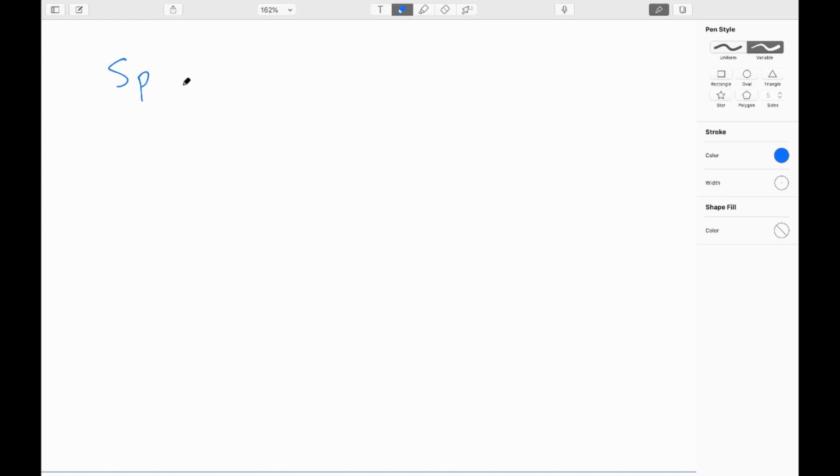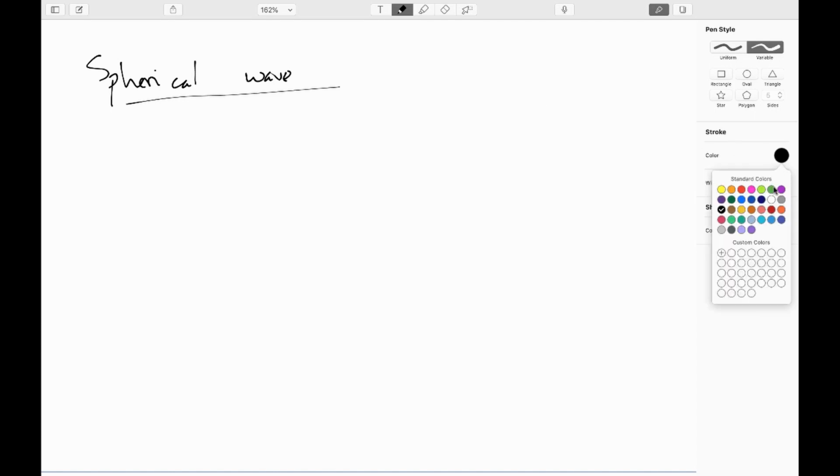So if we take a look at a spherical wave, here I'm going to be drawing the wave fronts in blue. So let's say the source of our wave is right here at the middle, and at this exact moment it's emitting a wave front.